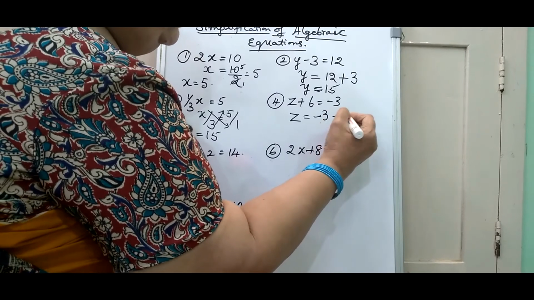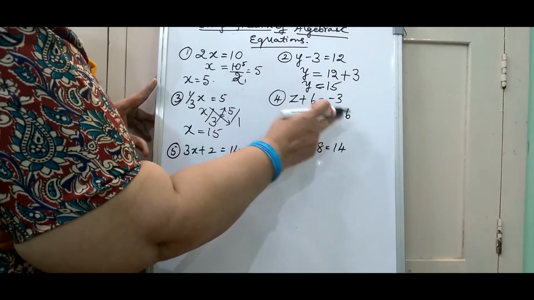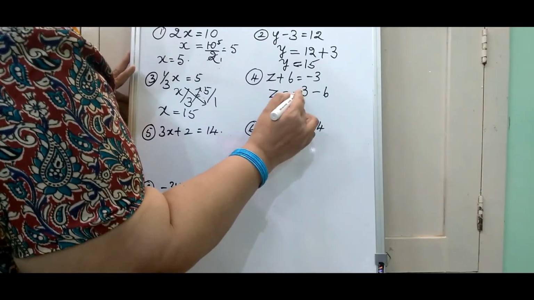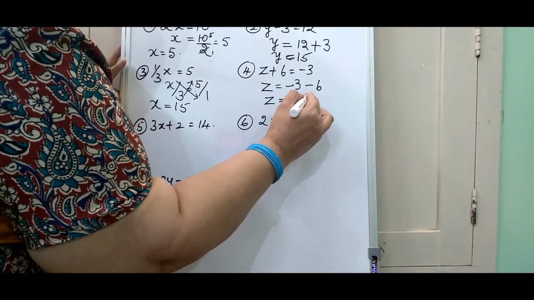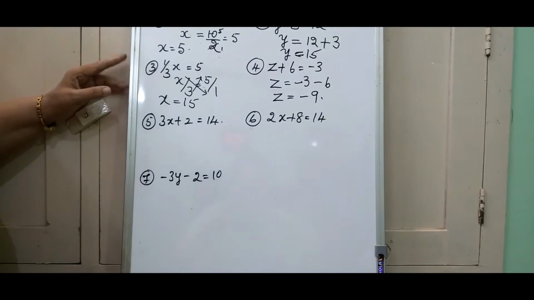When it is shifted, plus 6 will become minus 6. So now z will be equal to minus 3 minus 6, which is minus 9. So minus 9 will be the answer.